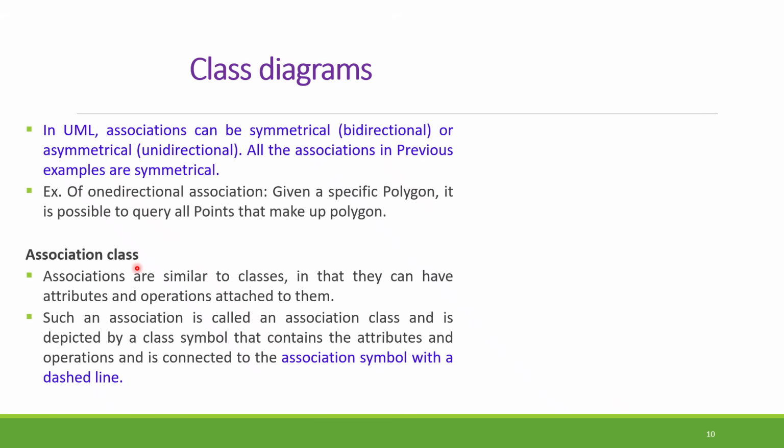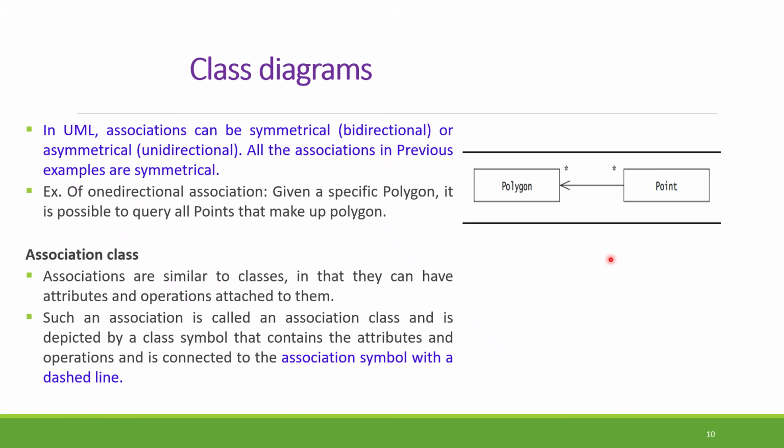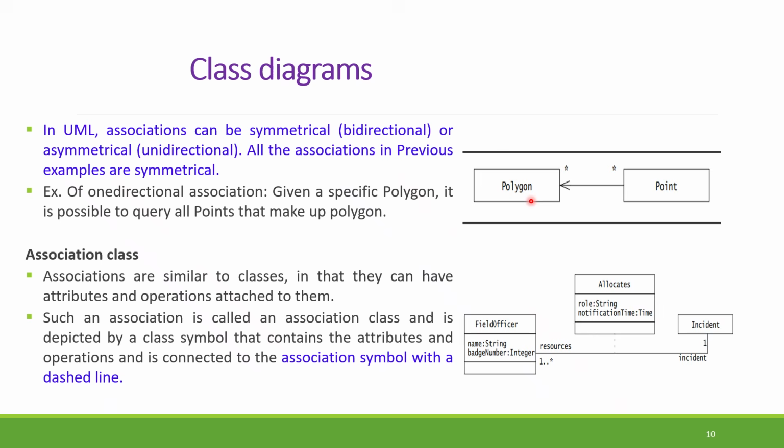So what do you mean by the association class? Association classes are similar to classes; they can have attributes and operations, but they are attached to the association symbol. So when you look at the diagram, there are multiple points forming a polygon.